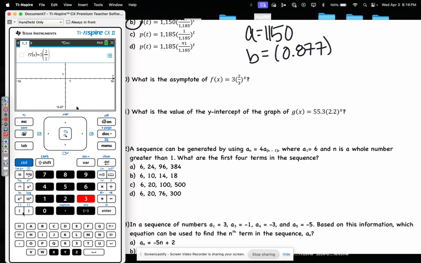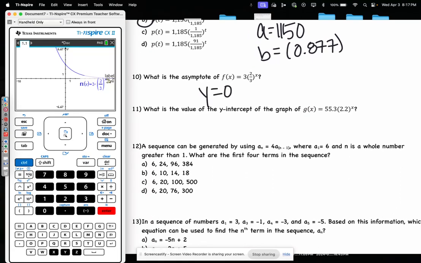Just a little easier for me to type it on here for the screen. We can see right here, it gets super, super close to this. So y equals 0. Make sure, because an asymptote is an equation, that you put that y equals. If you just write 0, that is not the same thing.